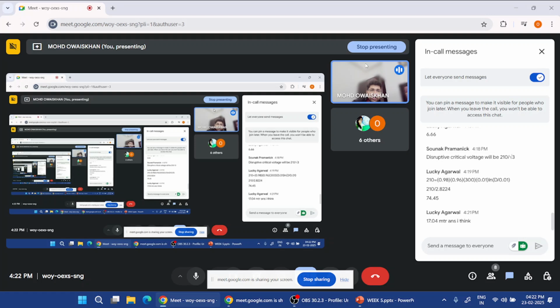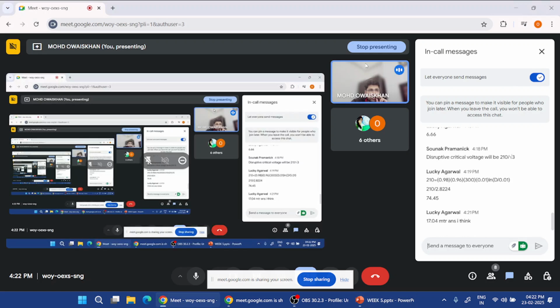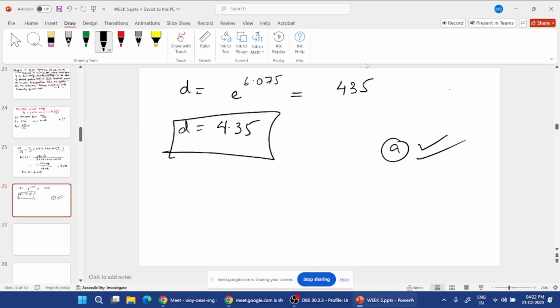No, no, 210 divided by root 3, because we have to calculate, and 30 also divided by root 3 root 2, because it is a peak value given. We have to consider the disruptive voltage in an RMS value, which I have discussed last time also, because the disruptive critical voltage we have to calculate in the RMS value.